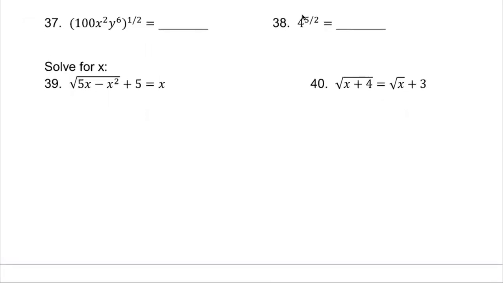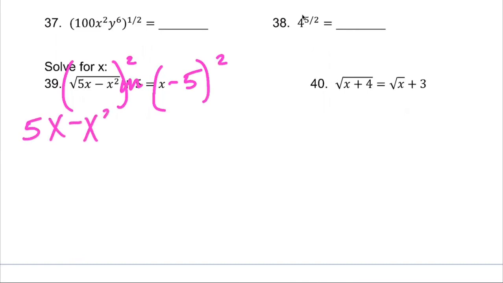So my first step is to get the square root by itself. So I need to subtract 5 to the other side. To get rid of the square root, I square both sides. On the left side, the square root just goes away. On the right side, I have to FOIL it. So it becomes x squared minus 10x plus 25. Then I want to get everything to one side to set it equal to 0 so I can factor.